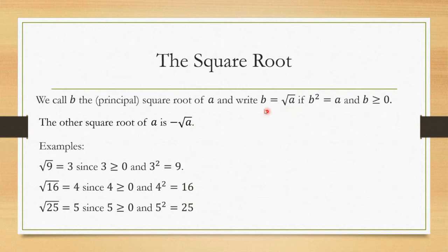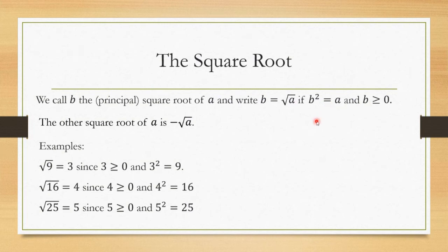In other words, b is the square root of a if b squared is a and b is non-negative.